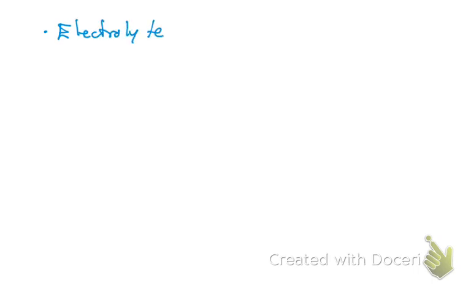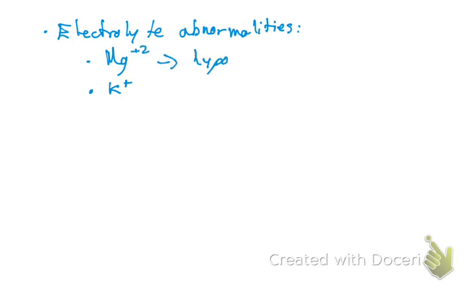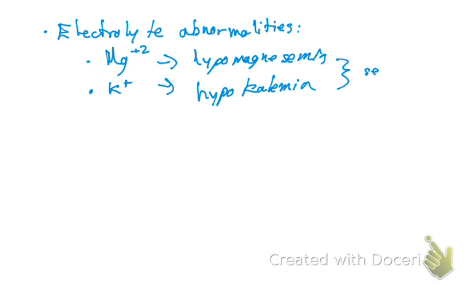Electrolytes have a very important role in our whole body. It affects two electrolytes: magnesium, which causes hypomagnesemia, and potassium, which causes hypokalemia. You usually see this during the first week.